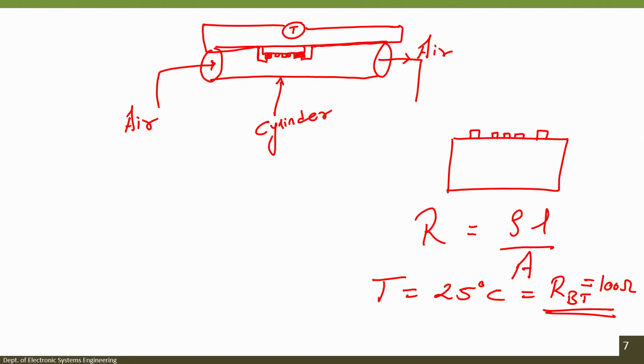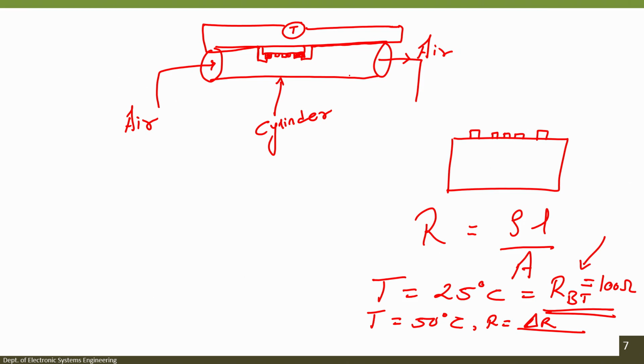Now, if I heat the heater to, let us say, 50 degree centigrade, I will have a particular resistance, right, a delta R change to the initial value R_BT, correct. Now, when I flow the air, what will happen?